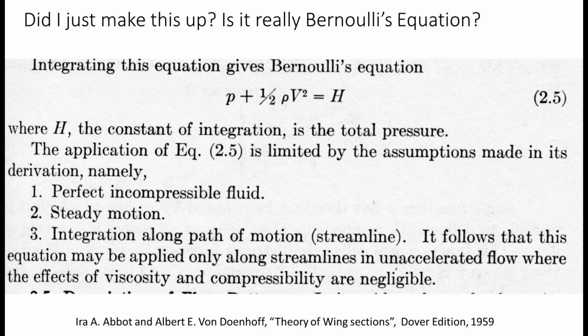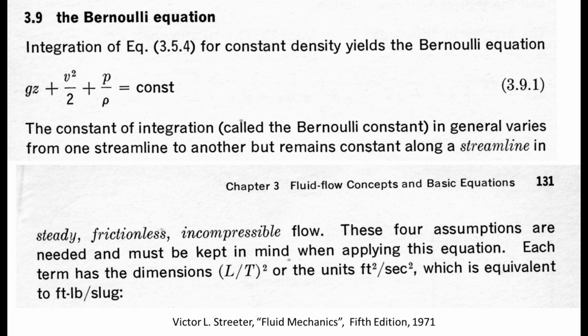And again, there are the assumptions: incompressible fluid, constant density, steady motion, integrated along a path, a single streamline, and only in unaccelerated flow where the effects of viscosity and compressibility are negligible. Kind of what I said, right? Another reference here is from Streeter's Fluid Mechanics, 1971.